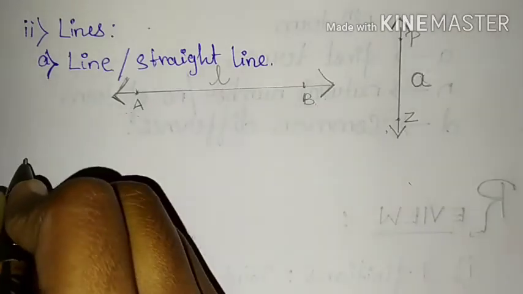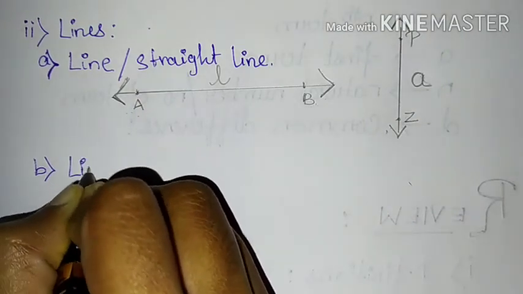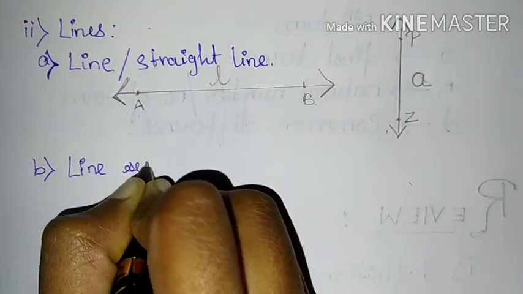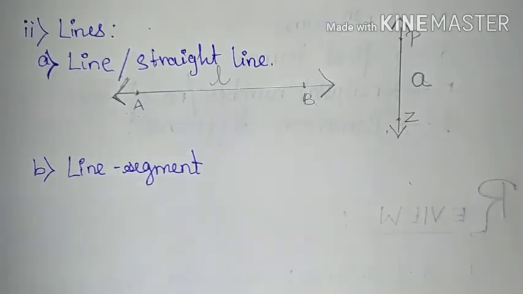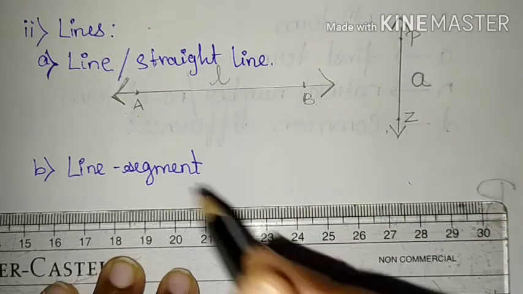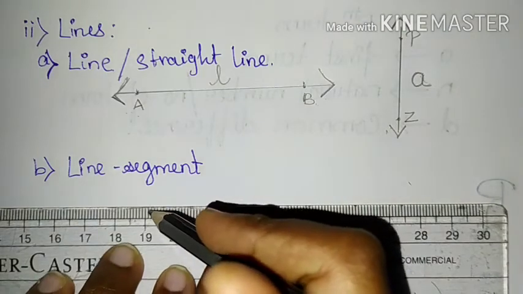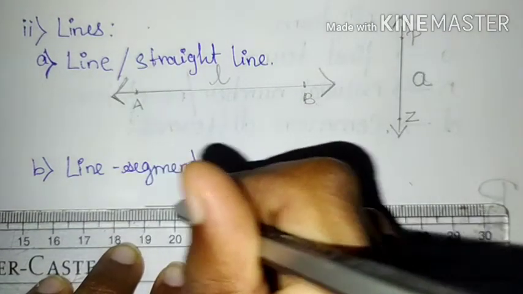After a line we have the second part, that is line segment. What is a line segment? A line segment is a part of a straight line, or you can also say that a line segment is a terminated line which has been ended, whose extension has been stopped, like this.